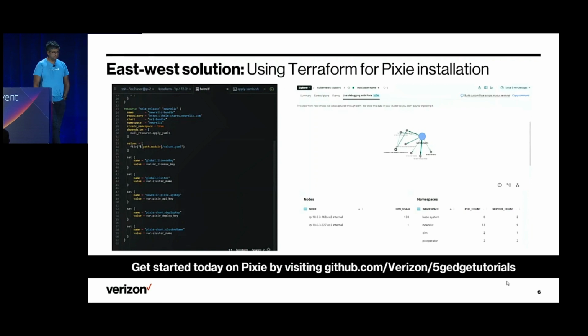You can start to get really clever in terms of how you slice and dice your east-west traffic from an observability perspective using the flexibility afforded by these pixel scripts.